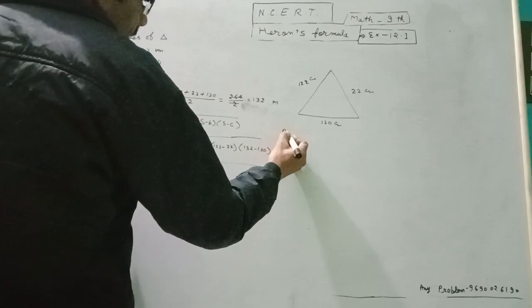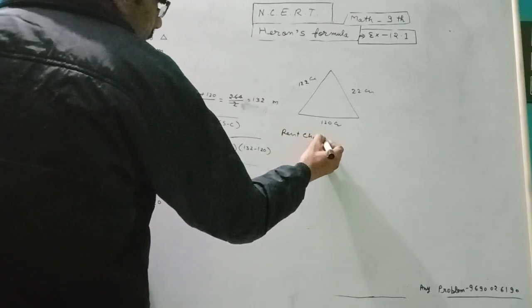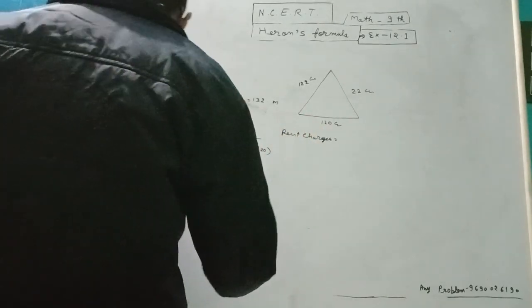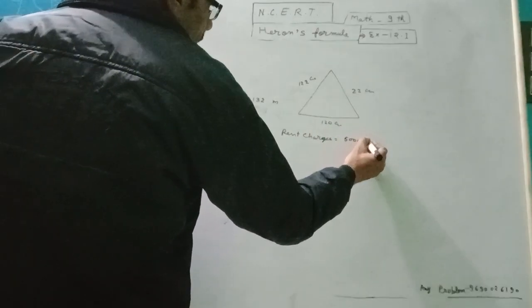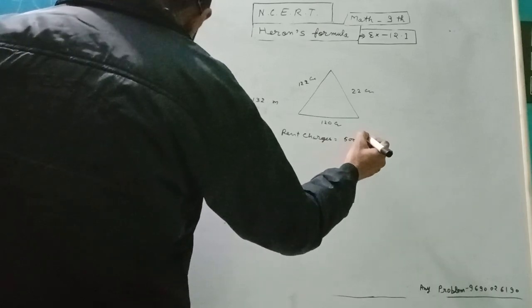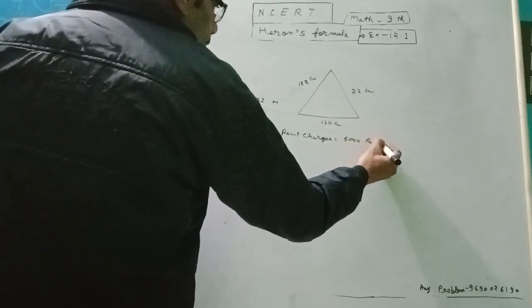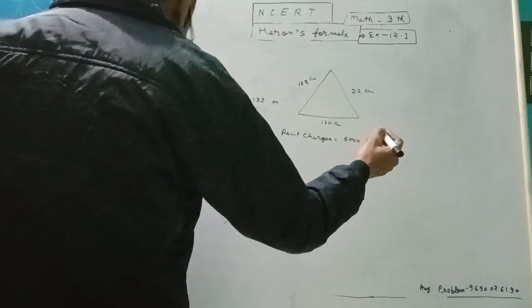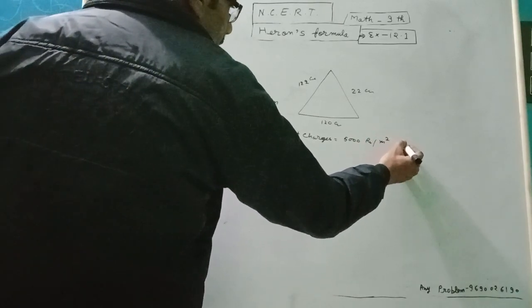Rent charge is equal to 5,000 rupees per meter square per year.